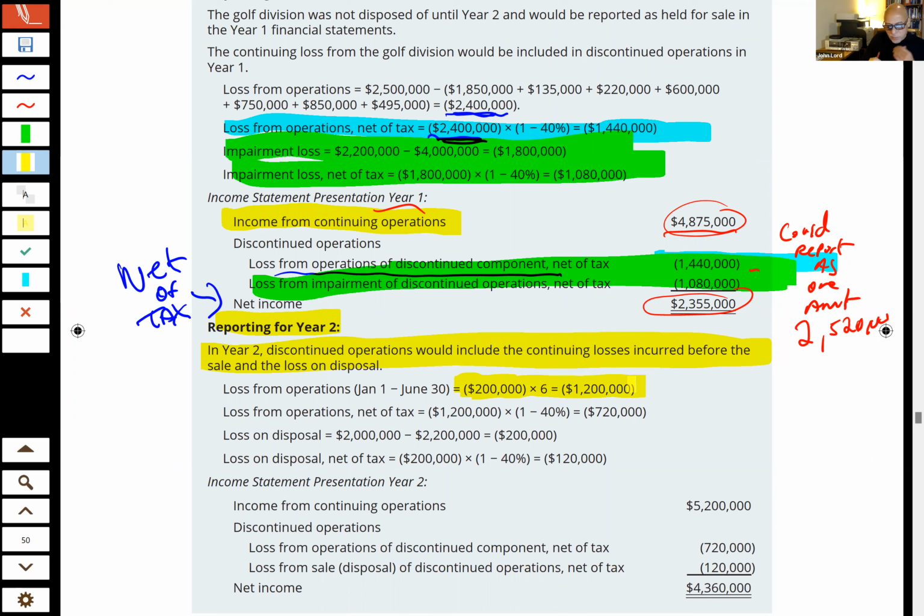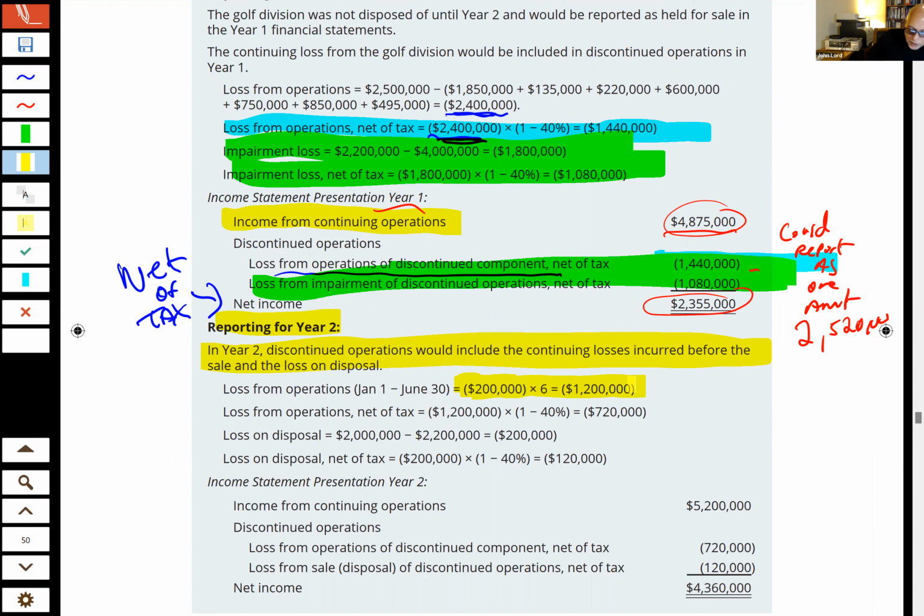When you're on the CPA exam, make sure you count your months. All January, all of February, March, April, May, all of June is 6 months. Don't make the mistake of just saying, oh, June is the 6 months. So make sure you understand. If it said June 1st, they got rid of it, don't count June. But in this case, it was June 30th, so we count June.